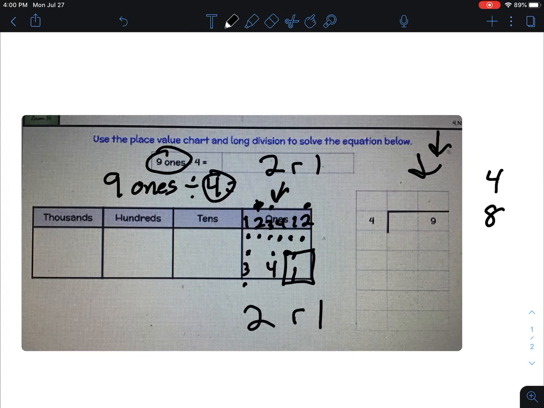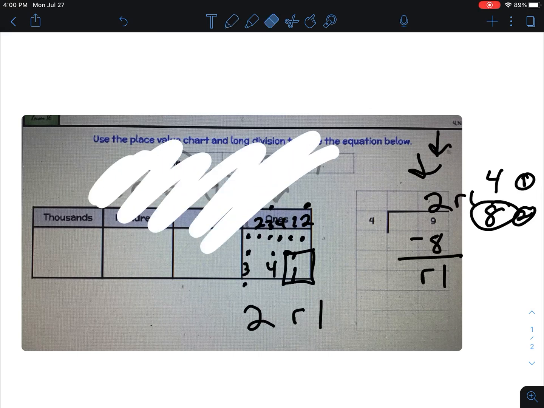So I can go 4, 8, that's it. I can't put another 4 there because I'll go past 9. So that's 2 4s. 2 4s go into 9, and 2 4s is equal to 8. So I put that there. I subtract to find what's left over, and there's my remainder, 2 remainder 1.